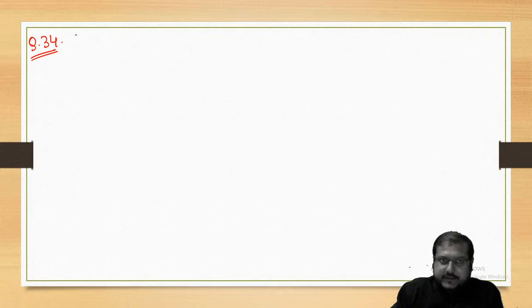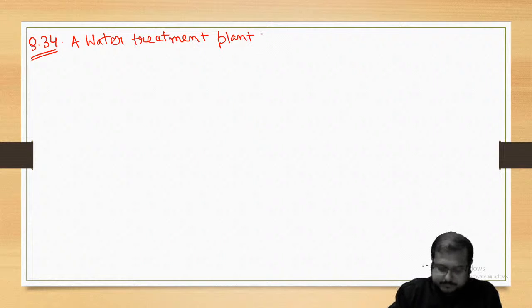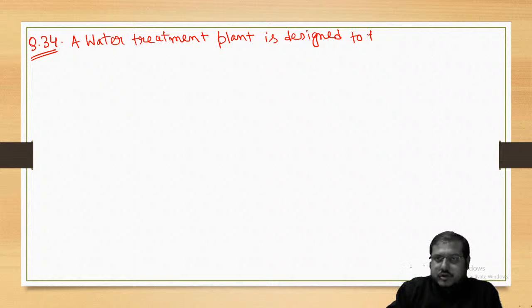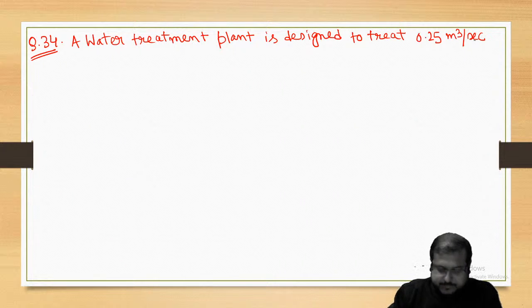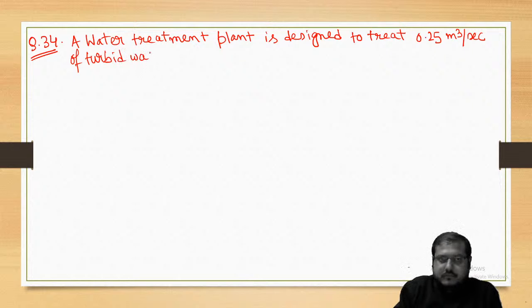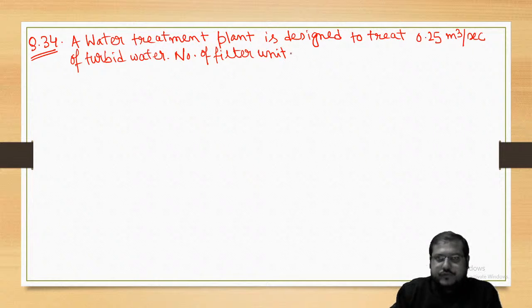A water treatment plant is designed to treat 0.25 meter cube per second of turbid water. Number of filter unit is equals to 4.